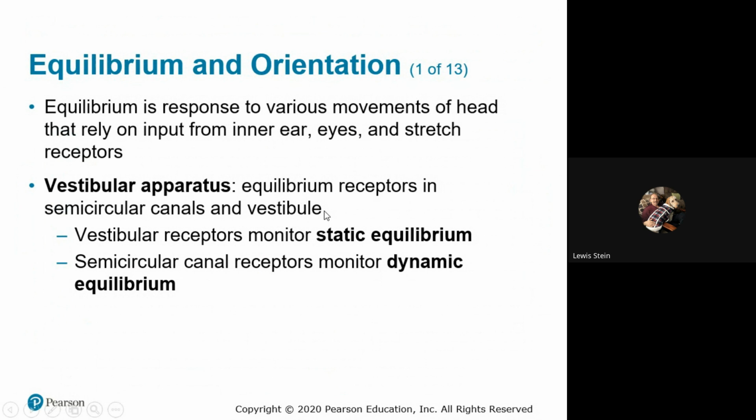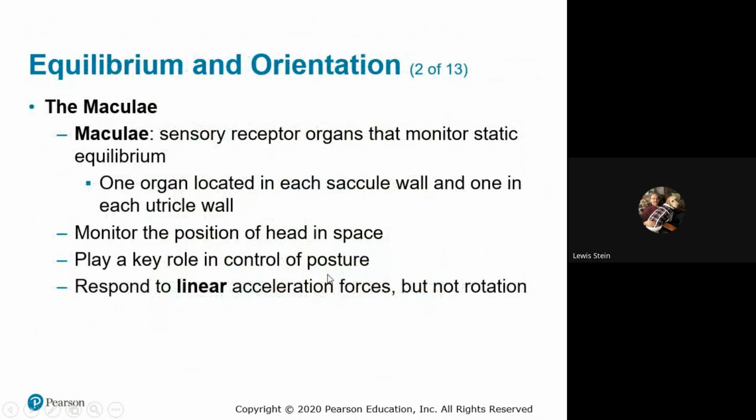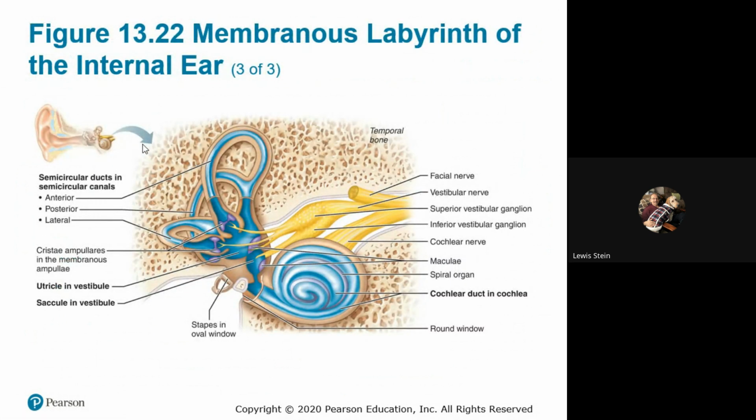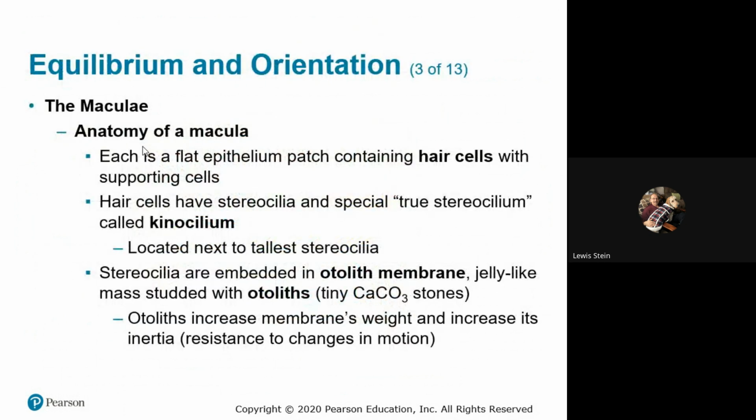So the balance apparatus is continually monitoring your head position, where the head is in space, and postural changes. Understand that the macular area they describe is more about acceleration, going faster, going slower, whereas the apparatus for rotation is a little different.